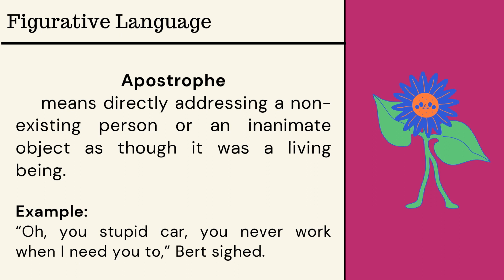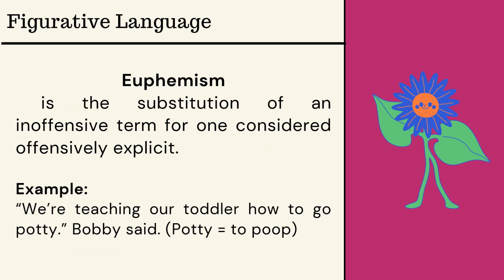Alright? Next, we have euphemism. Well, euphemism is sugarcoating. Okay? It's the substitution of an inoffensive term for one considered offensively explicit. Meaning, there are some words. As writers, I believe we have mentioned and learned in the APP that we have to be cautious. Right?